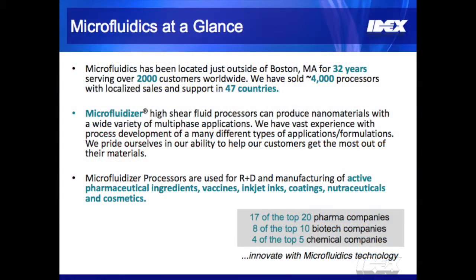This is just a quick slide that talks about Microfluidics. We've been in business for 32 years. We have many thousands of customers worldwide. Microfluidizers produce nanomaterials for many different applications, primarily pharmaceutical ingredients, and there are several drugs that have been approved for release and delivery that are currently on the market.